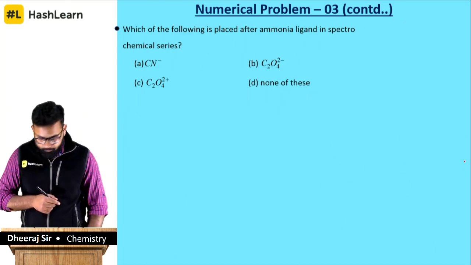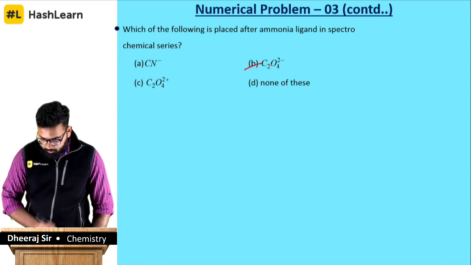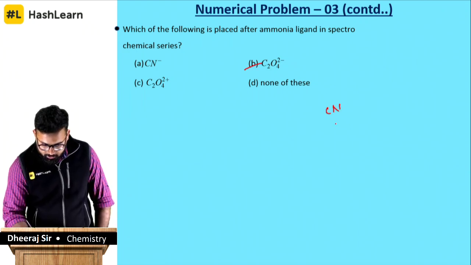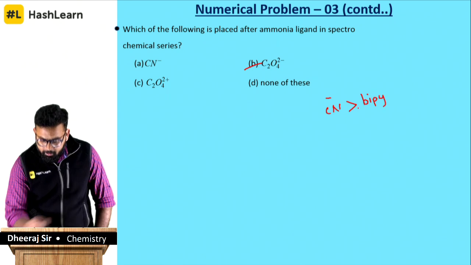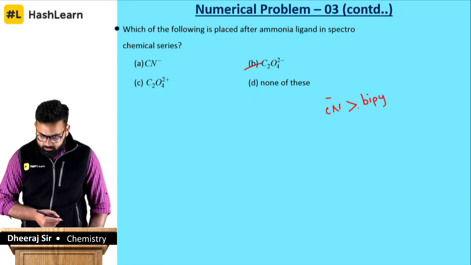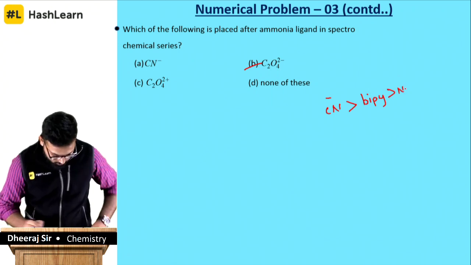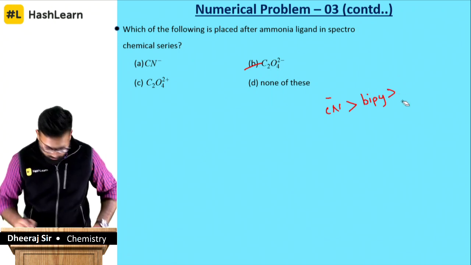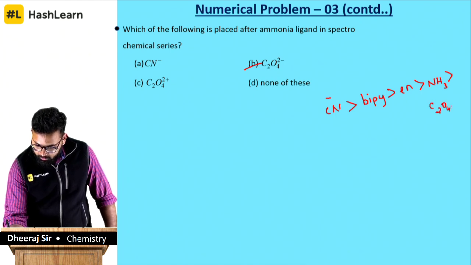Sakshi says it's C. No, guys, it's option B, because cyanide is present first, then it is bipy, which stands for bipyridyl, and then it is ethylene diamine, then it is NH3, then it is oxalate.